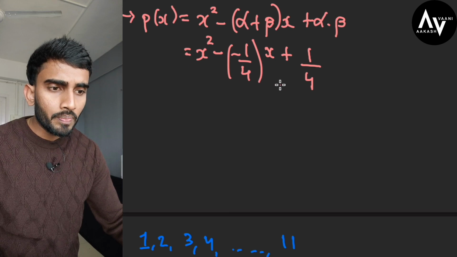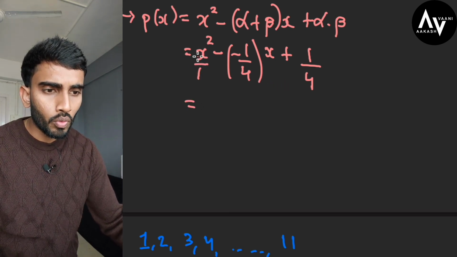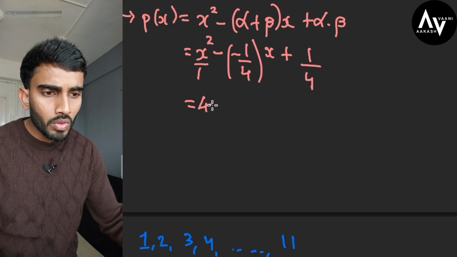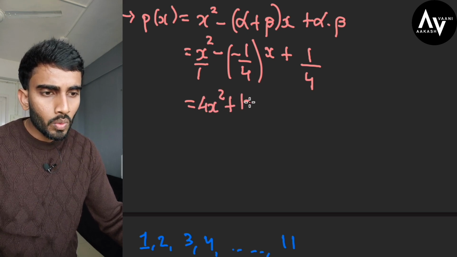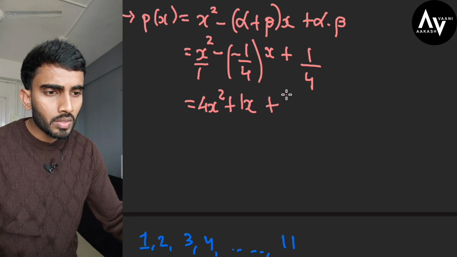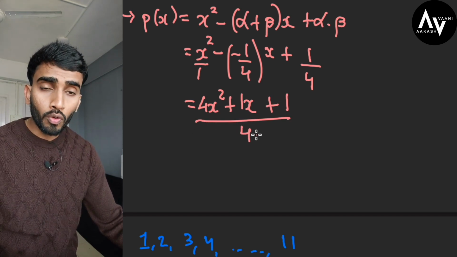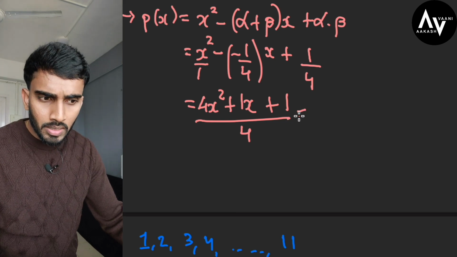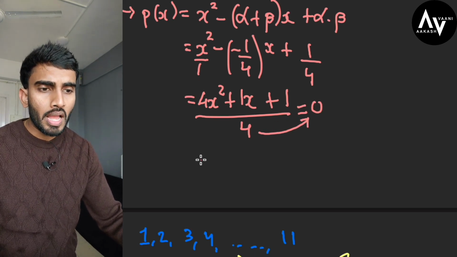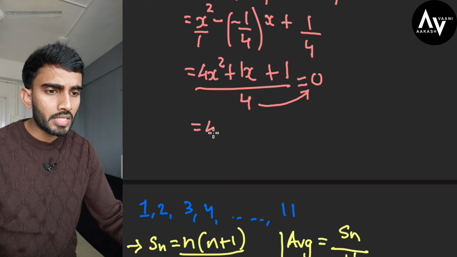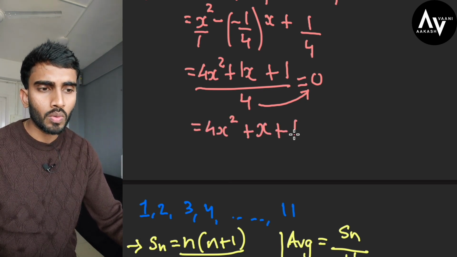In the denominator we have 4, so 4 into x square is 4x square, minus minus becomes plus 1x plus 1, whole upon 4. And now in order to remove this 4 from the denominator, we can take this polynomial equal to 0, so that this 4 will multiply with 0, and we will get the polynomial as 4x square plus x plus 1.